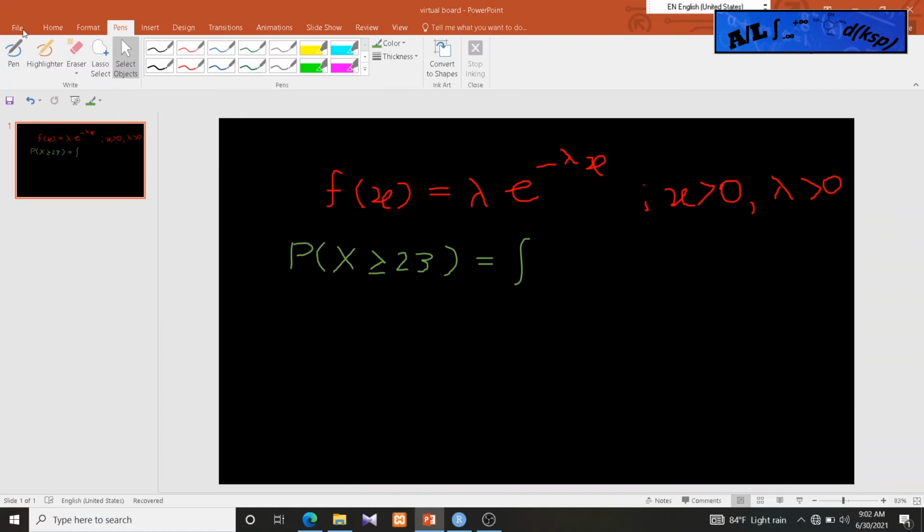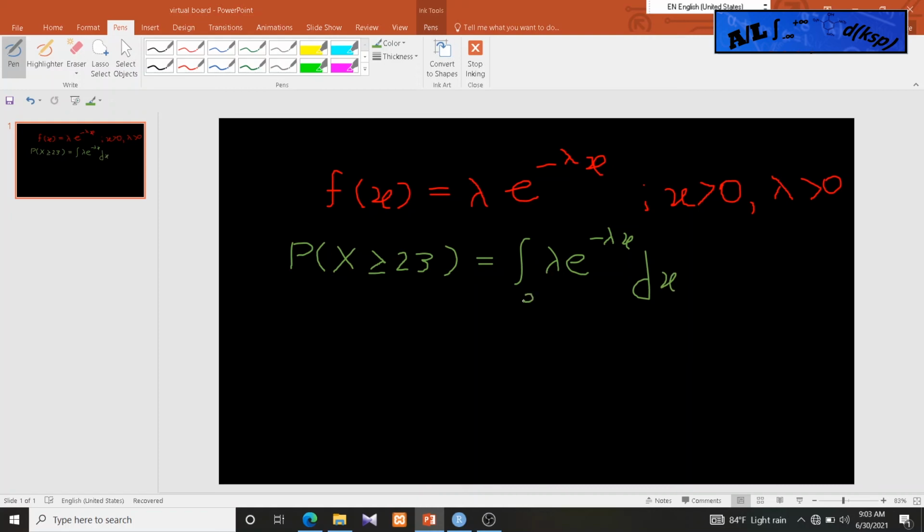I'm really sorry about that. It's better to write it as lambda times e to the power minus lambda x dx. So what about the range we need to consider with respect to x?